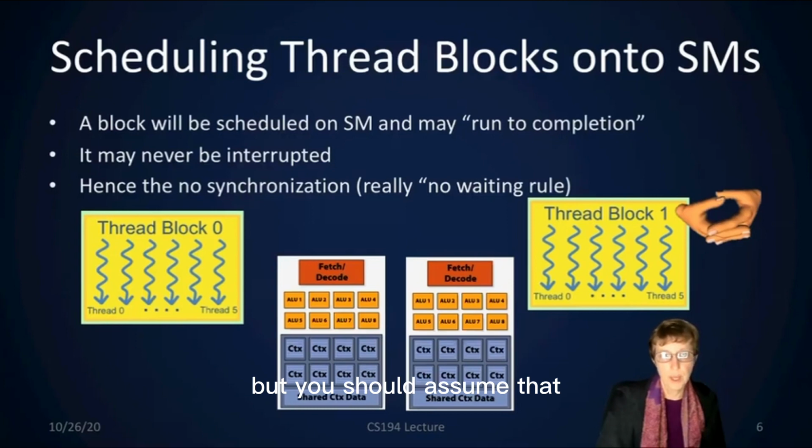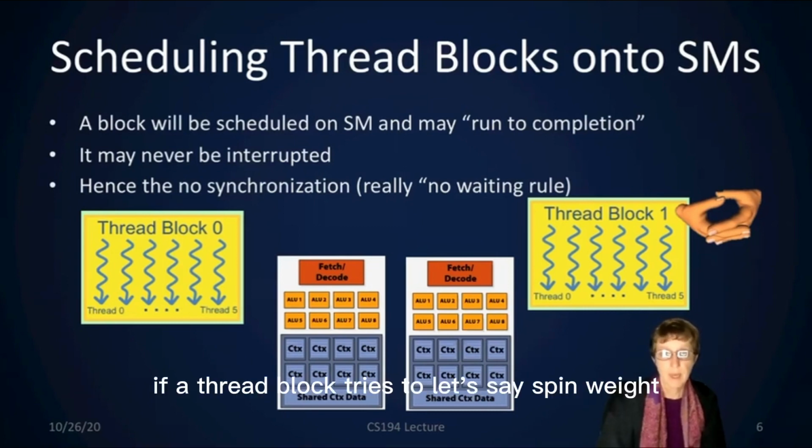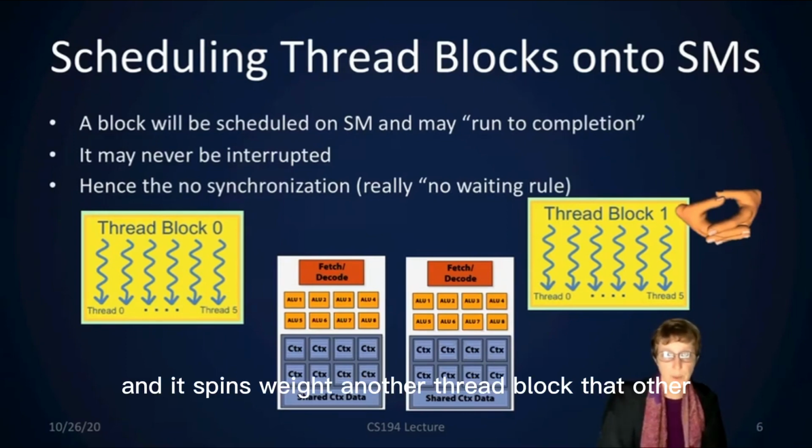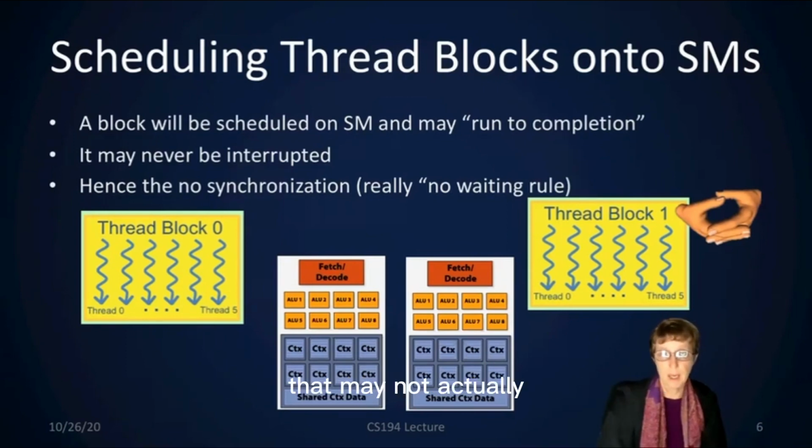But you should assume that once a thread block gets scheduled, it may just sit there and run until it completes. And for that reason, if a thread block tries to spin wait, let's say it's got a while loop and it spin waits on another thread block, that may never complete, right?